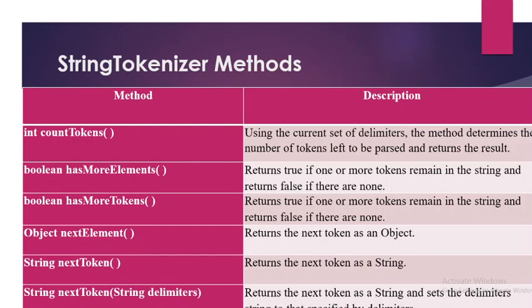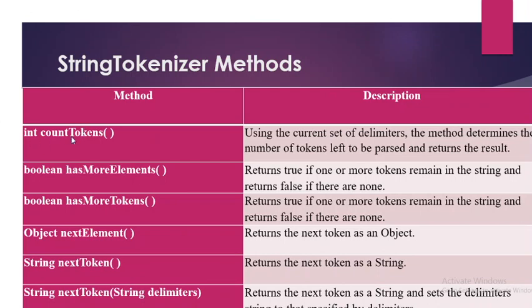It may have one token, two tokens, 2, 3, 4, 5, whatever the number of tokens, it can be one also. We can find how many tokens are available in our StringTokenizer object.